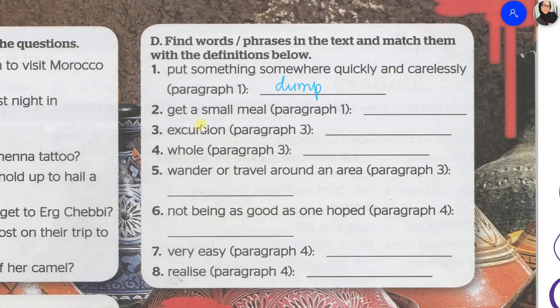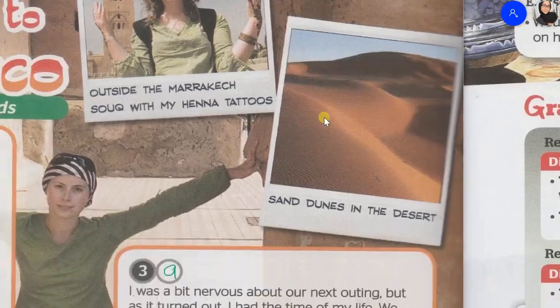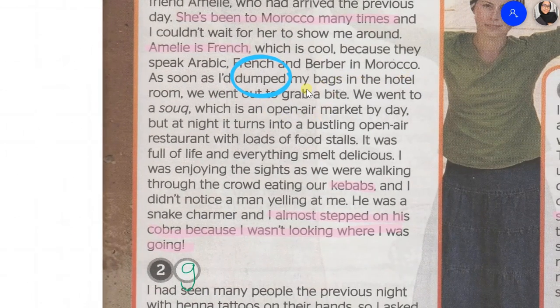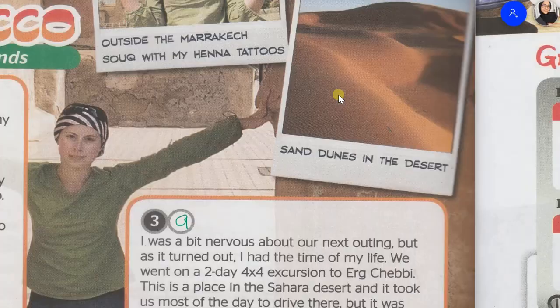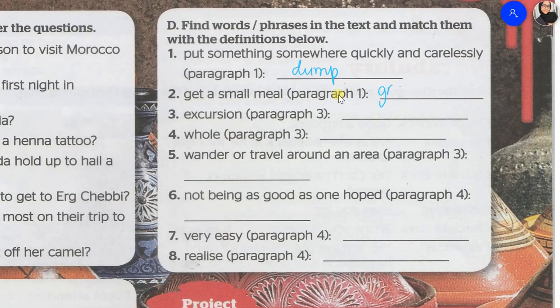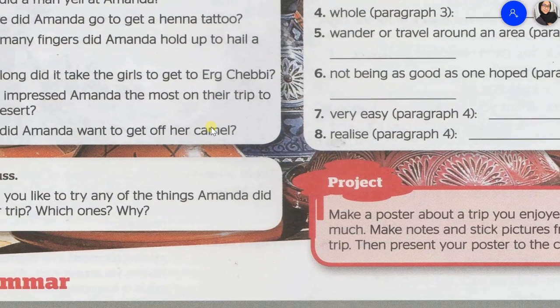Okay, what about the second one? Get a small meal in paragraph 1. Which word means getting a small meal? Grab a bite lah kan? Grab a bite, yes. Grab a bite. Okay. What about excursion in paragraph 3?